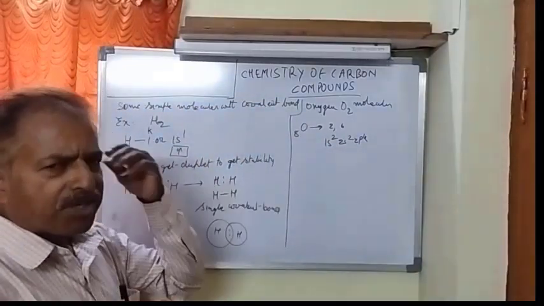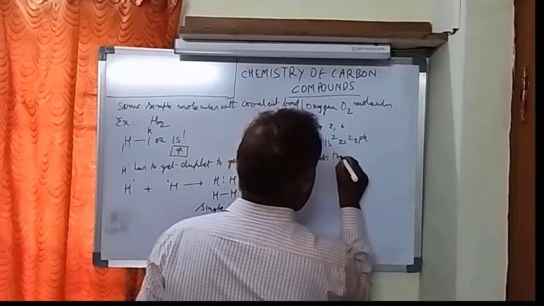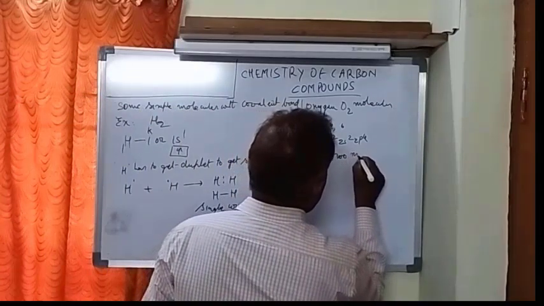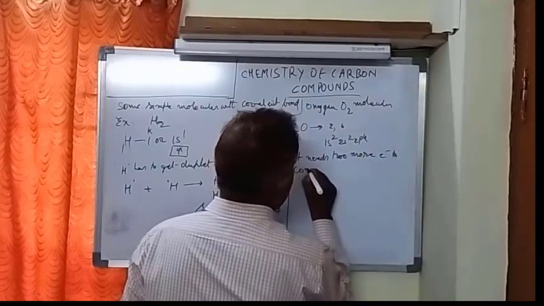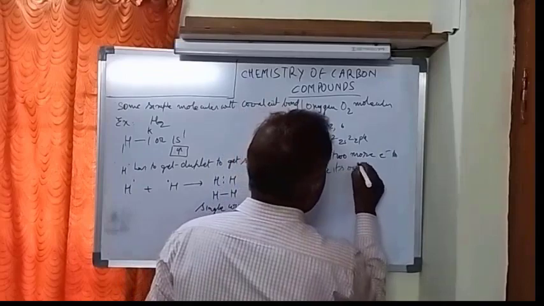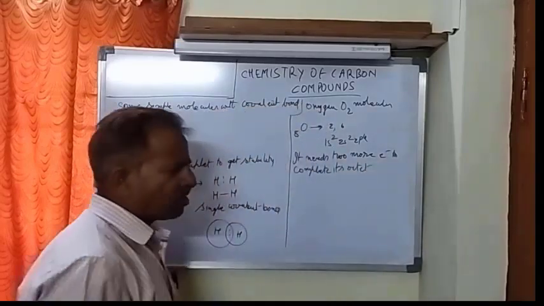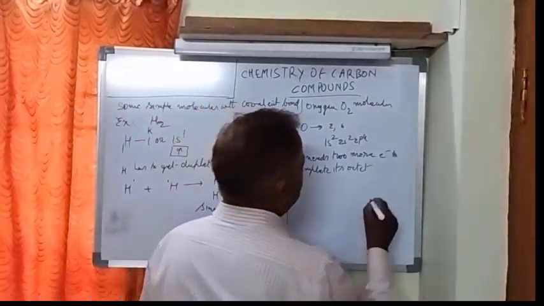So it is deficient of 2 electrons; it needs 2 more electrons to complete its octet. So if it completes its octet, it gets the nearest noble gas configuration, that is neon.